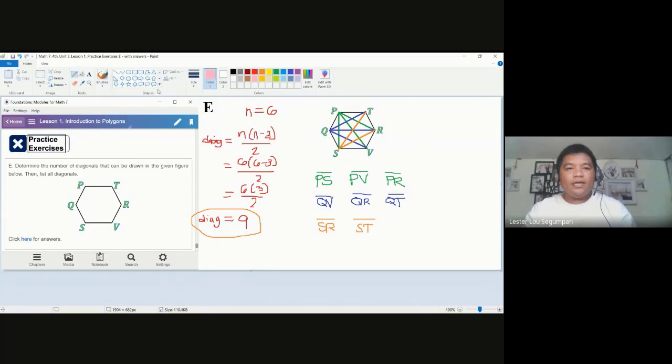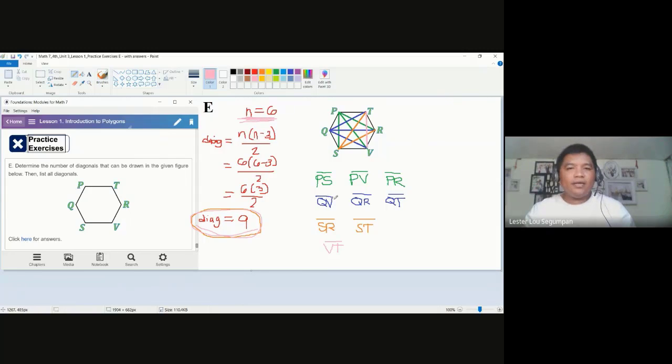That would mean we can only connect vertex V to vertex T, and that is VT or TV. Again, we only have this, as the rest are already connected. So we have 1, 2, 3, 4, 5, 6, 7, 8, 9. We have now reached the number of diagonals we solved earlier for the hexagon.